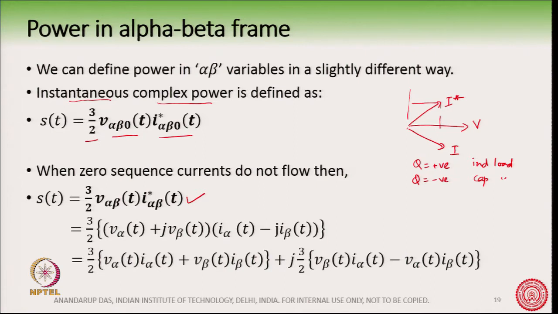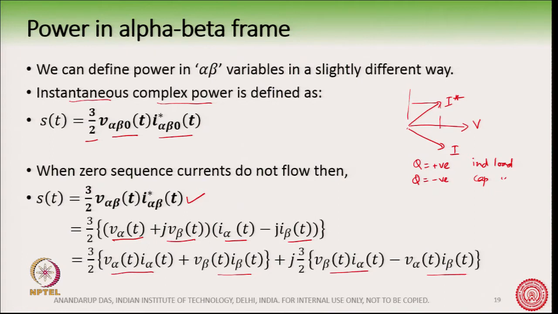So, then we expand the alpha beta, V alpha beta t is V alpha plus j V beta, and I alpha beta star is I alpha minus j I beta, and then we multiply both of them. Then we say that this is 3 by 2 times V alpha I alpha plus V beta I beta, plus j times 3 by 2 V beta I alpha minus V alpha I beta.